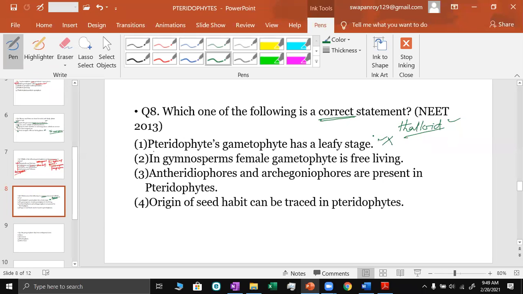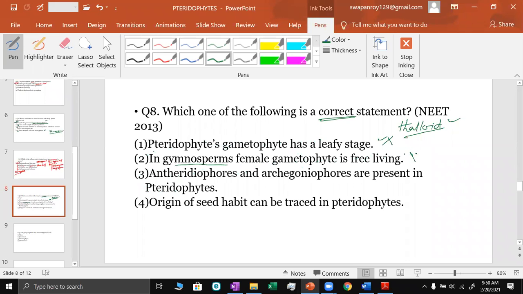The gametophyte of bryophyte has a leafy stage. In gymnosperm, of course, this is coming. This is a mixed type of question. One statement is about the gymnosperm also. In gymnosperm, female gametophyte is free living.